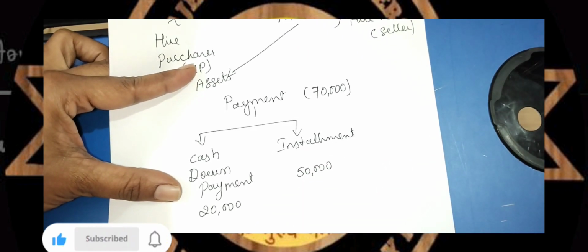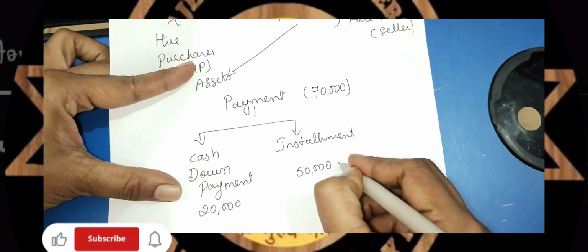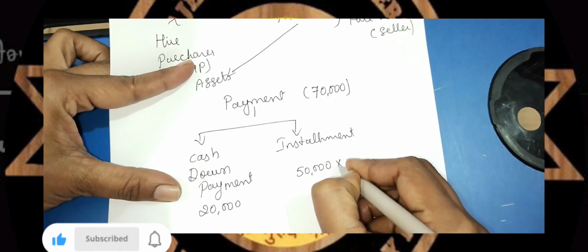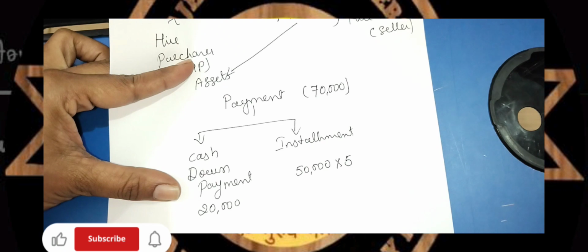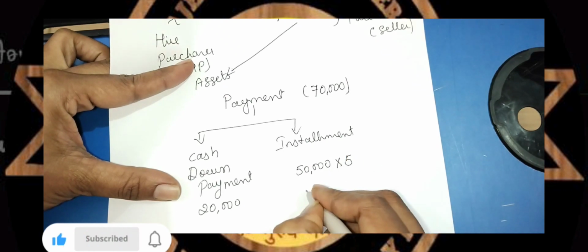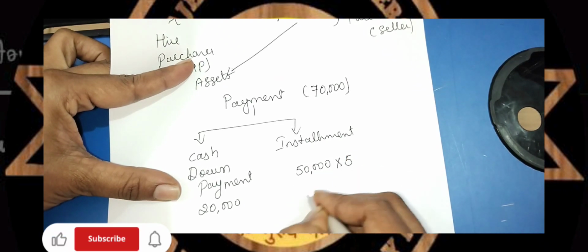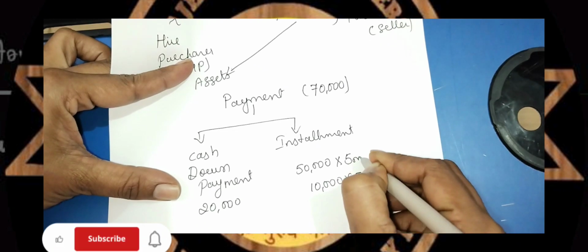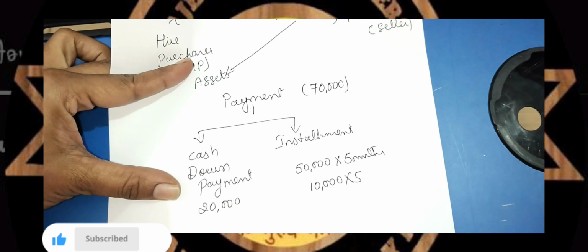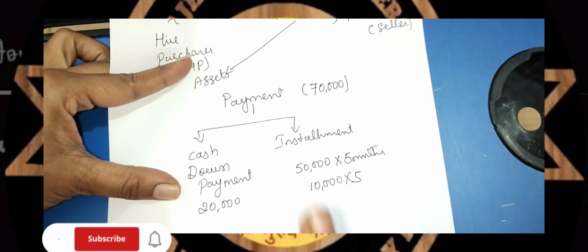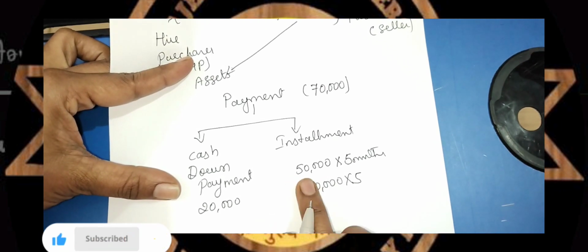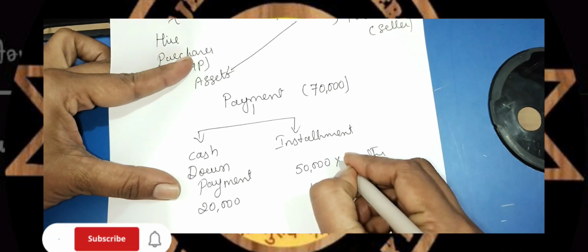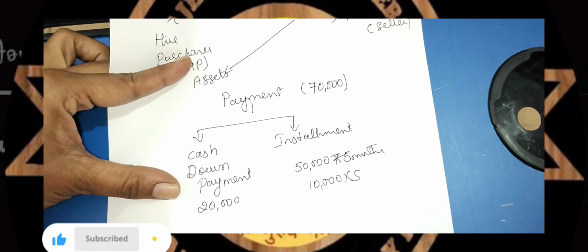He said he will pay 50,000 in 5 months, so 10,000 every month. 10,000 into 5 is 50,000. The 50,000 is paid in 5 equal installments.